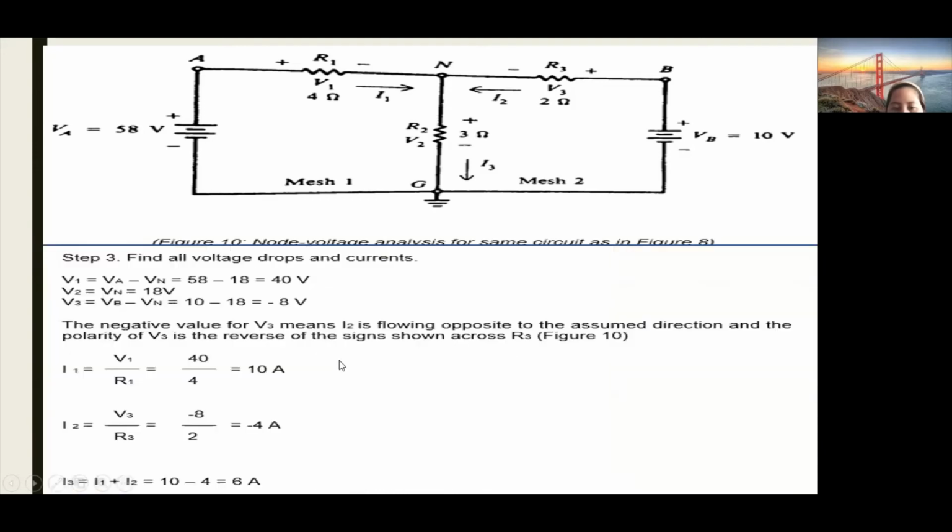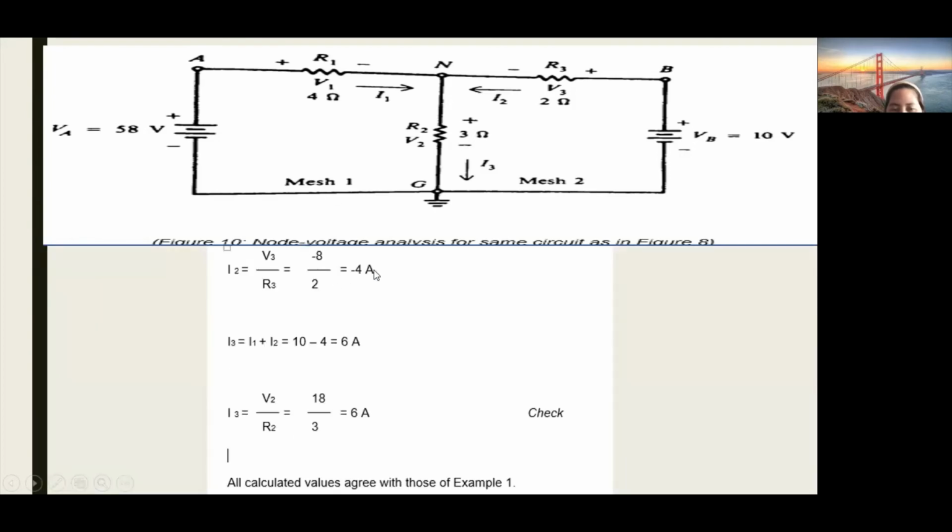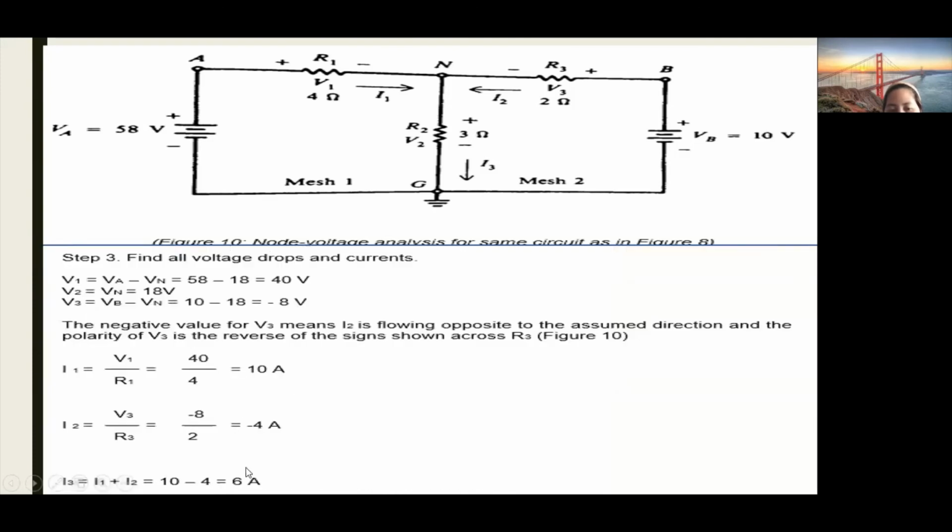So check: I3 is I1 plus I2, so 10 minus 4 is equal to 6 amperes.